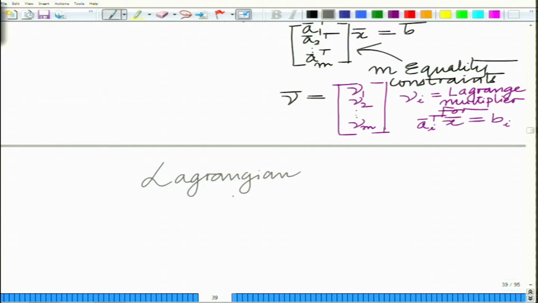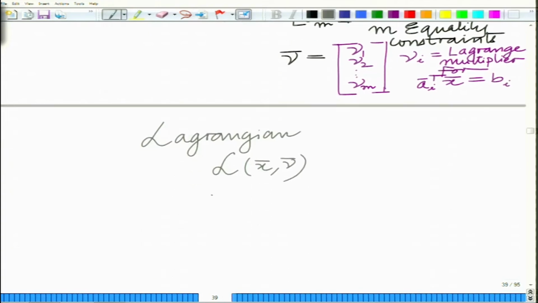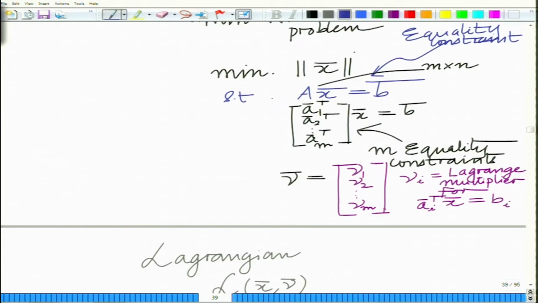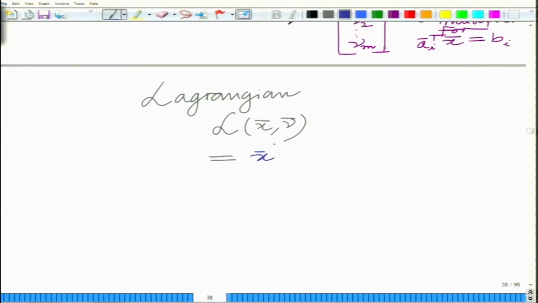The Lagrangian, that is L of x bar and nu bar, there is no lambda bar, because there are no inequality constraints. So this is basically the objective function. Now instead of minimizing norm x, one can also minimize norm x bar squared, which is basically equal to x bar transpose x bar. Therefore you can write the Lagrangian as x bar transpose x bar plus nu bar transpose times (A x bar minus B bar).